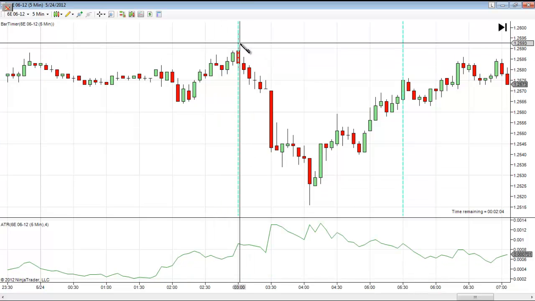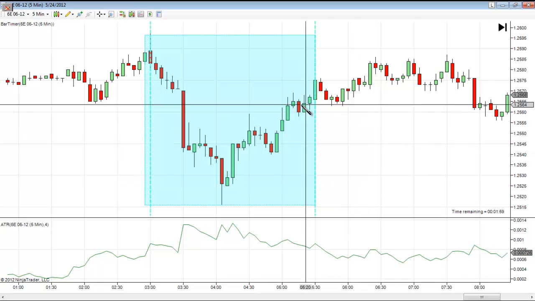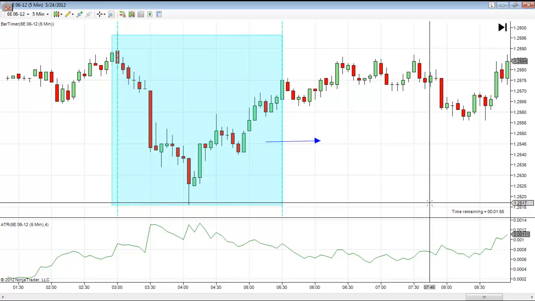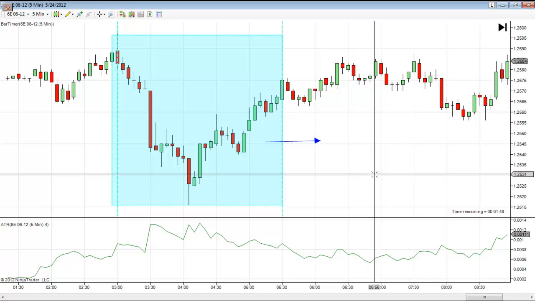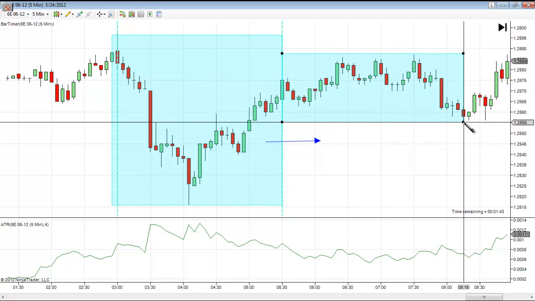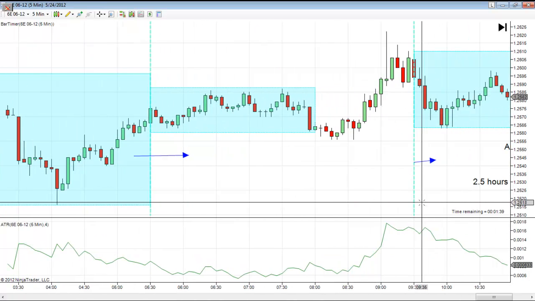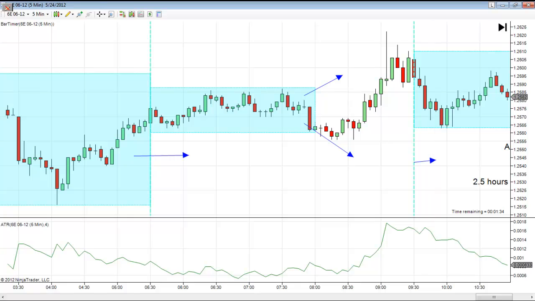Here is the range that was created, and exactly as my expectations, price gets stuck within the A part of the day. I have here from 5:30 to 8 o'clock the B part of the day, which is right here. And then I'm looking for a break above or below to do something as the US Open occurs. All right?